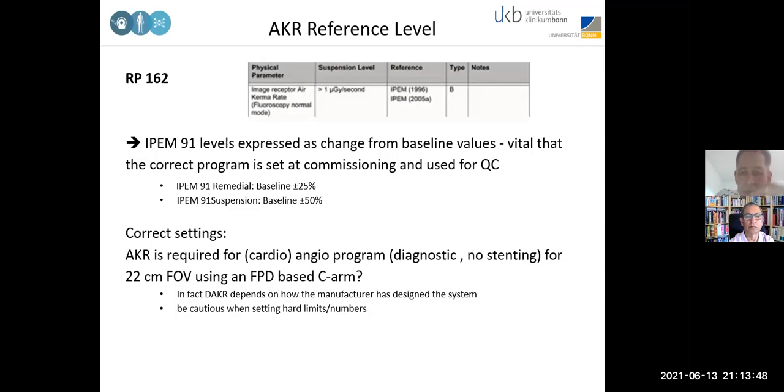Then you will see that it really depends on the manufacturer. And I would advise you, do not hard code those limits and numbers. If you do that and you run over those limits, the machine may get in trouble.